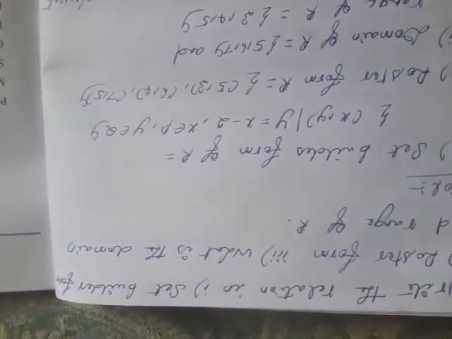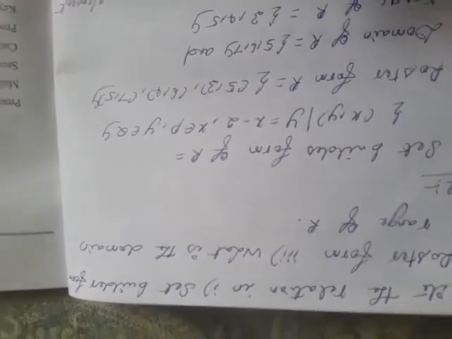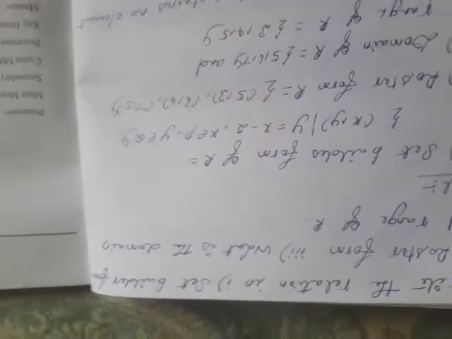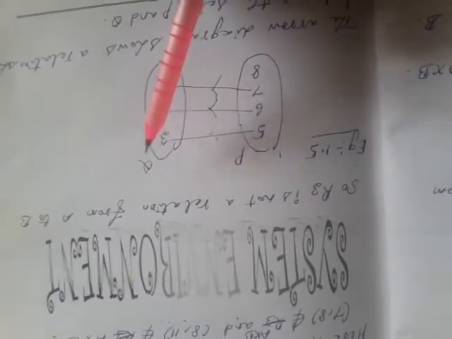Already we know what set builder form means; there are some rules. Set builder form of R: you have to give one name here. Two sets are there, and we also have to give the condition.